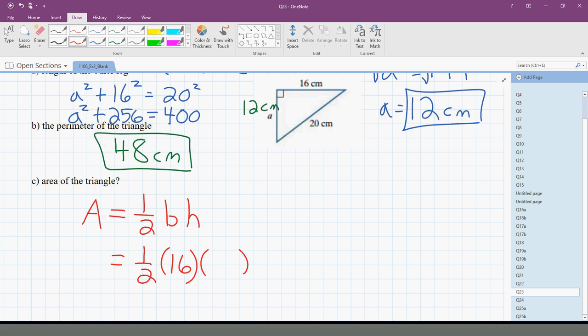12. Good. Because those are the numbers that are connected to the right angle. Remember, we talked about that. All right, so all you got to do is multiply that out.